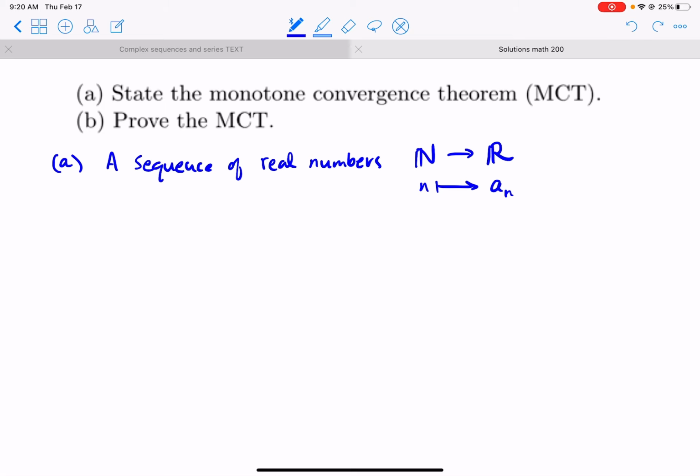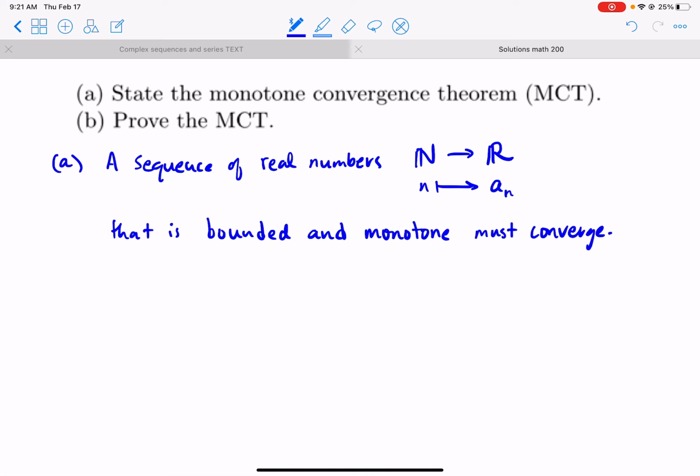A sequence of real numbers that is bounded and monotone must converge. Okay, and this is only true for the real numbers, not the rational numbers.